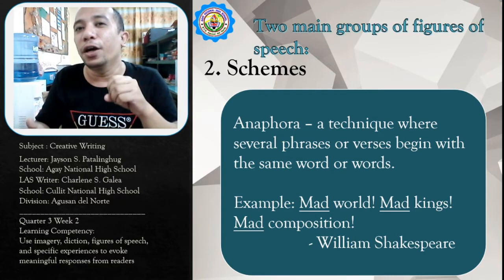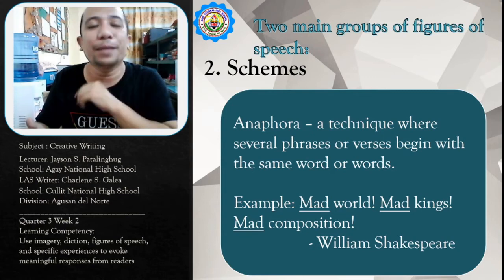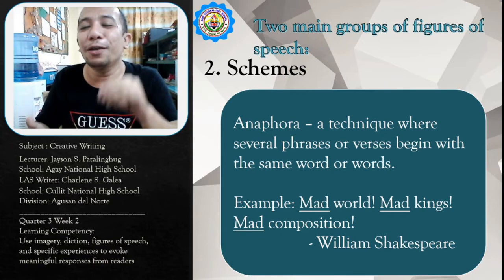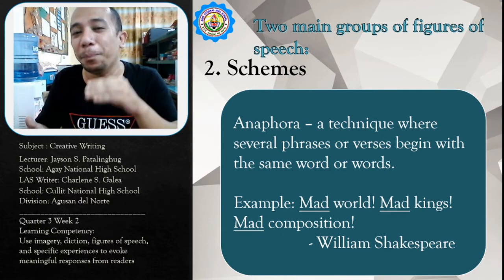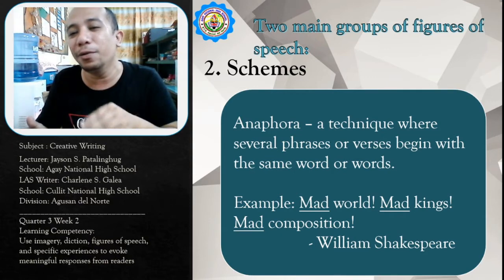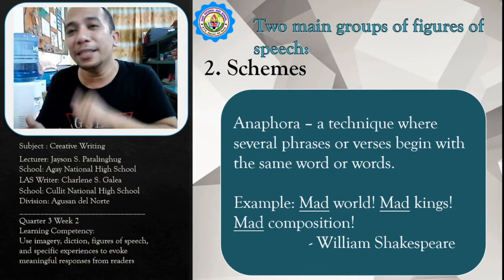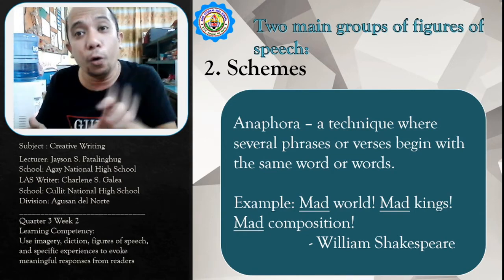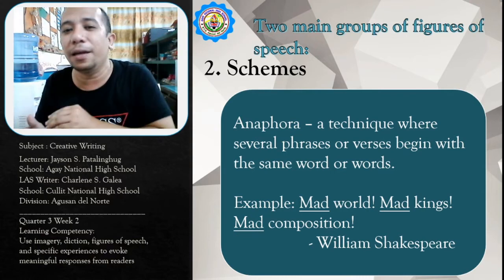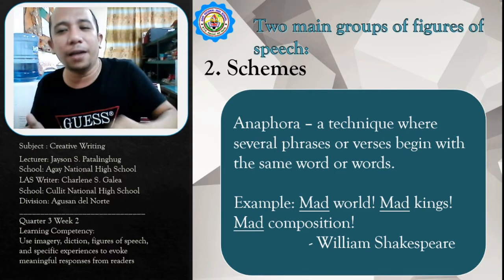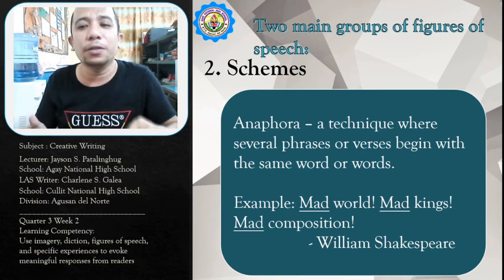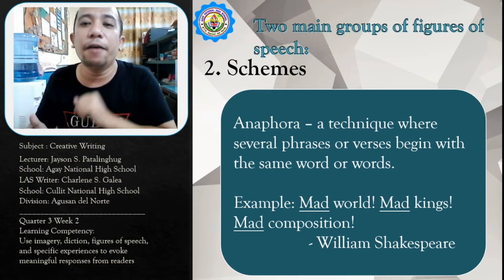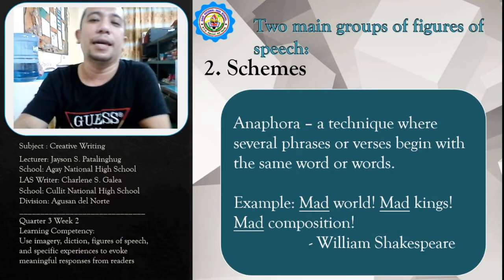Assonance: if you repeatedly use a vowel sound in neighboring words. This time it's not a vowel, it's not a consonant sound, it's the whole word itself that is being repeated. Mad world, mad king, mad composition. The word mad is repeatedly used in every phrase. That is called anaphora.